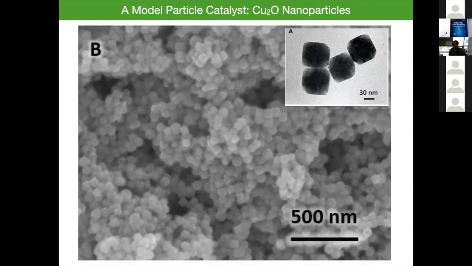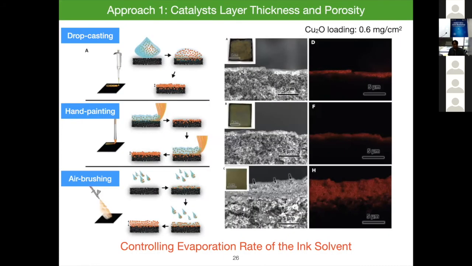we make a model particle catalyst system. We use cuprous oxide nanoparticles about 60 nanometers in size. And in order to control the catalyst layer thickness, we use 3 different deposition methods with the same catalyst loading. We use, for example, drop casting.